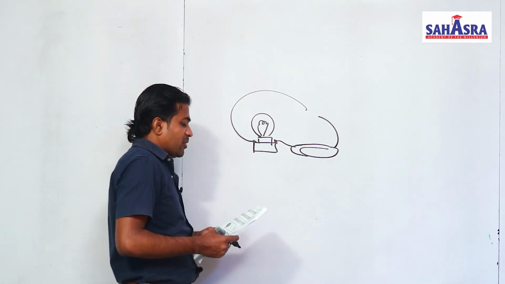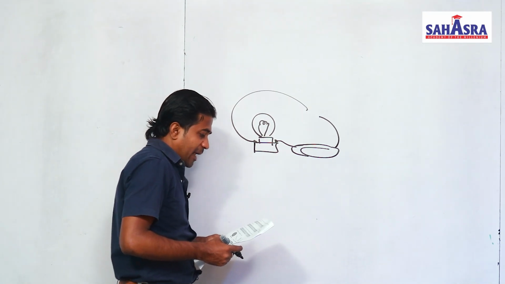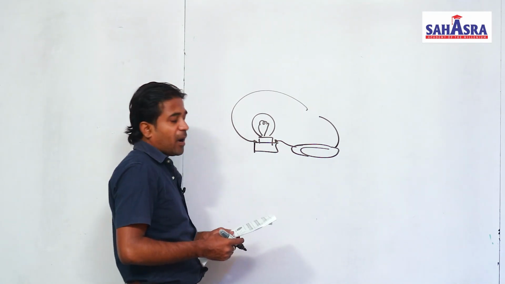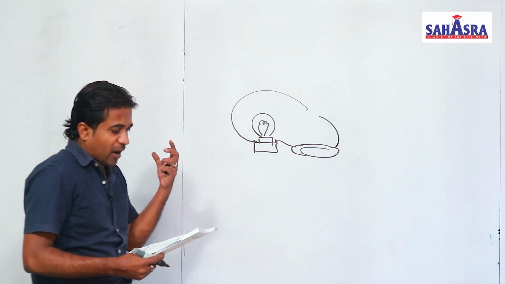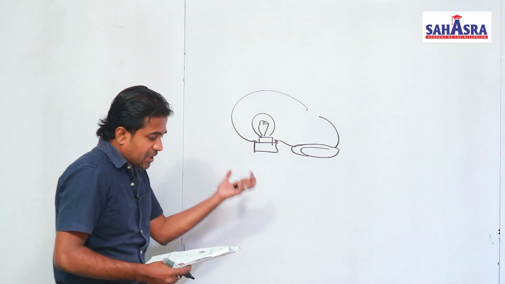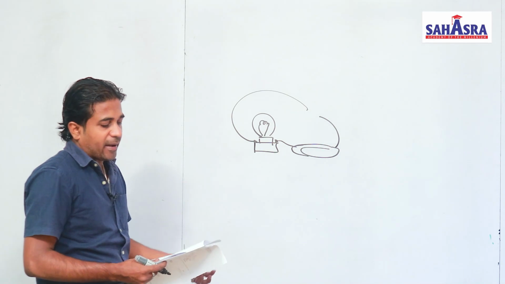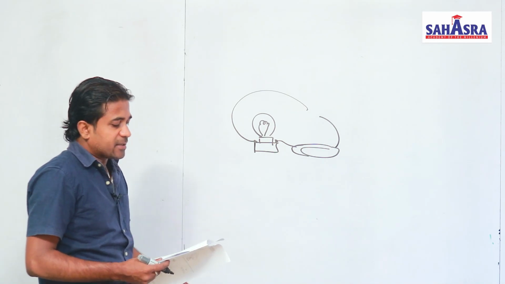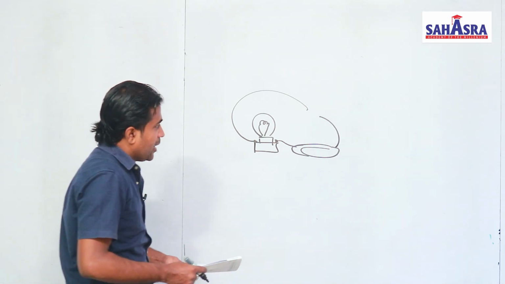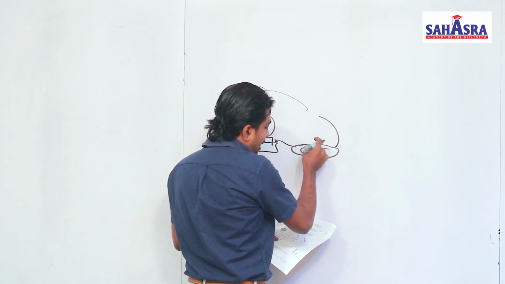What name is given to the property of metal that allows electricity to pass through?